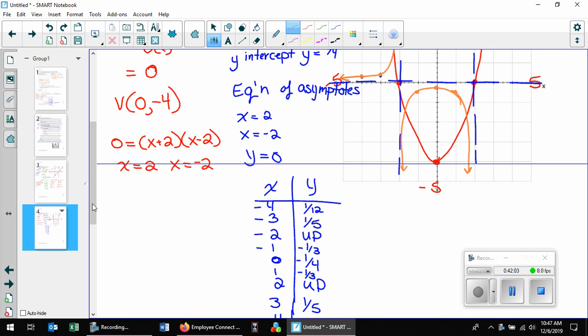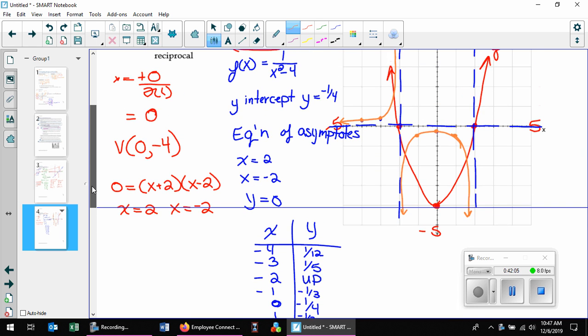Okay, so now we're on the far right-hand side. And so at +3, we're at a third, at +4. So I'm going to say that most of you feel comfortable with the table of values.